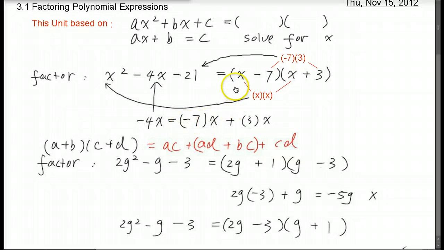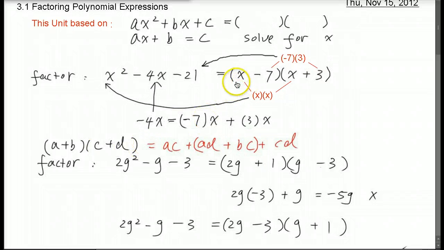Okay, so let's take a look at how this can be done. Notice that x squared is basically the multiplication of x and x, just like AC is the product of the first term in the first binomial and the first term in the second binomial.